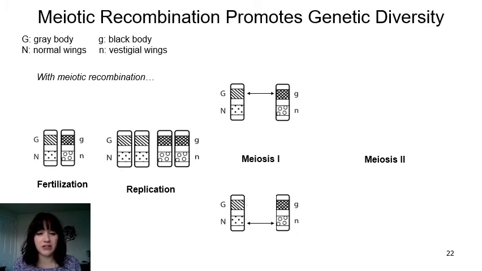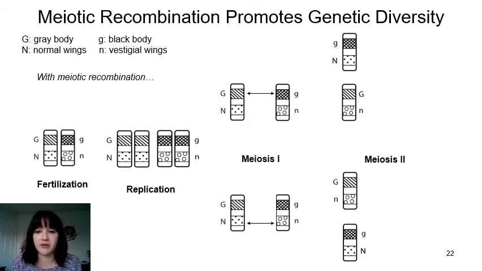So pay attention really carefully here to see which ones are crossing over, right? It's not the sister chromatids in which crossing over is happening. It is the homologous chromosomes, right? Now, we can see that just half of this is getting switched over.